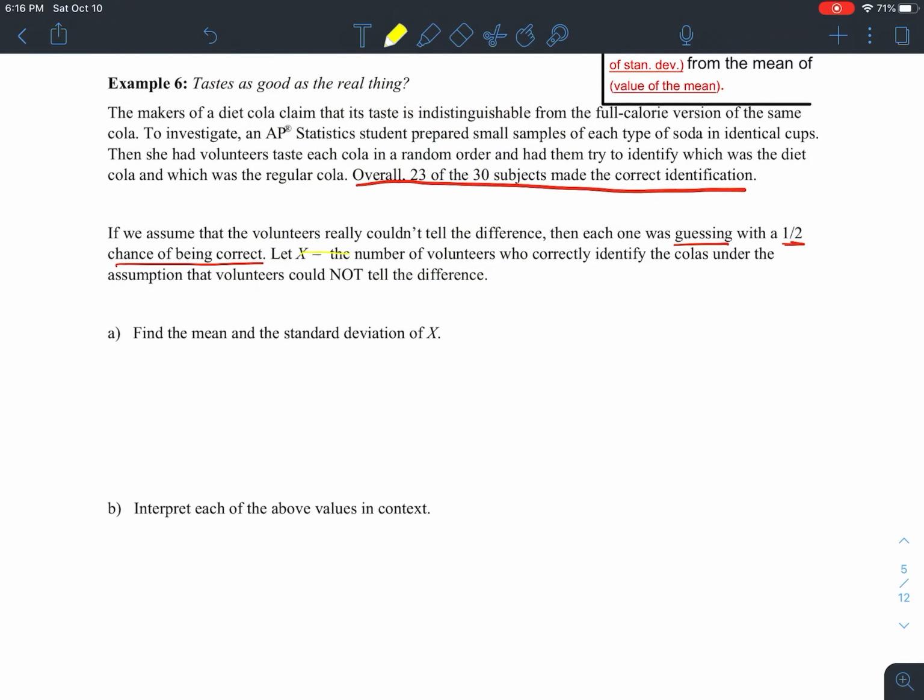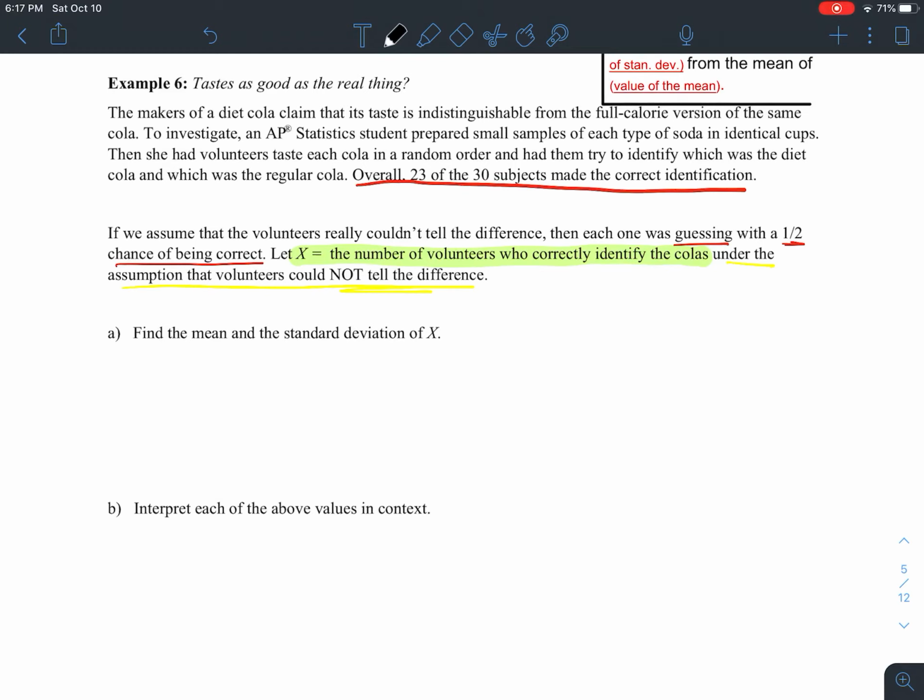We're going to let X be the number of volunteers who correctly identified the cola under the assumption that they really couldn't taste the difference. They were just guessing what the cola was. Okay, so the first question here is to find the mean and the standard deviation.